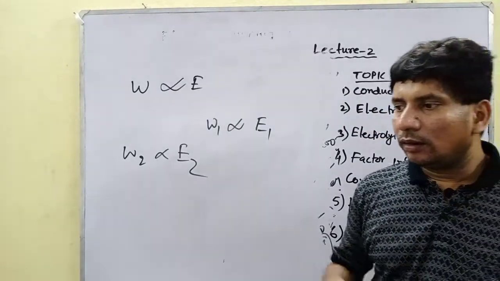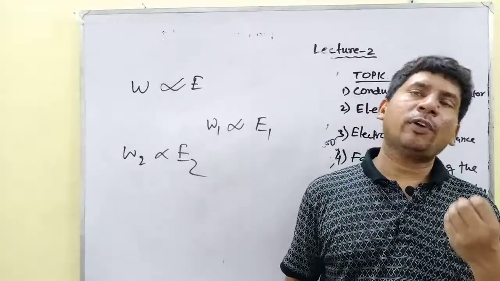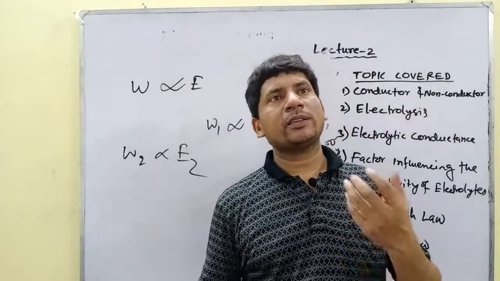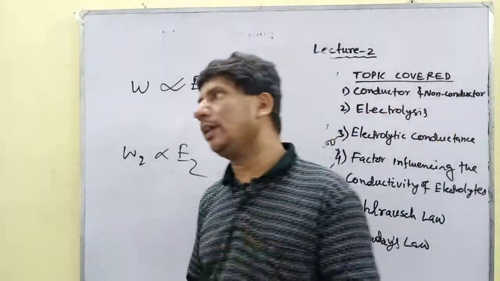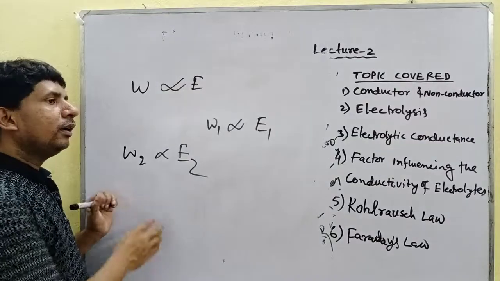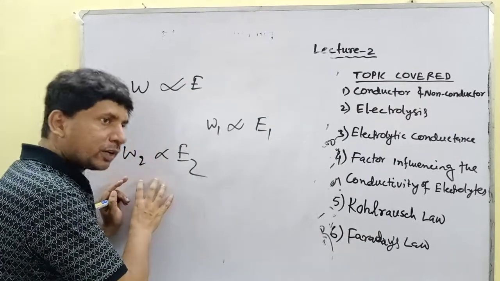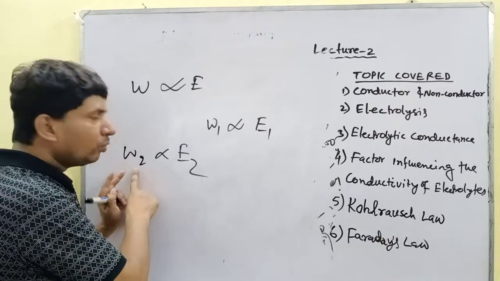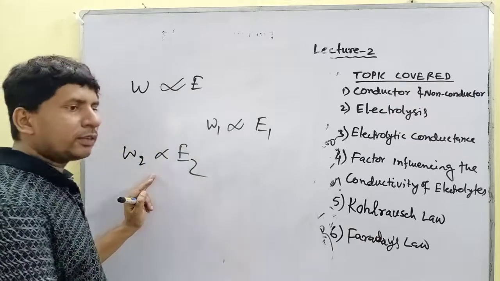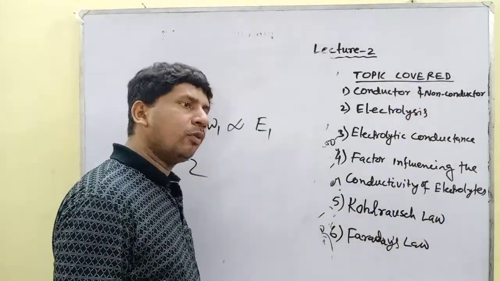Same amount, that means the amount of different substances deposited at any electrode by passage of the same quantity of electricity is directly proportional to the equivalent weight. That means if W2 amount of substance is deposited, then W2 is directly proportional to E2, and W1 proportional to E1.